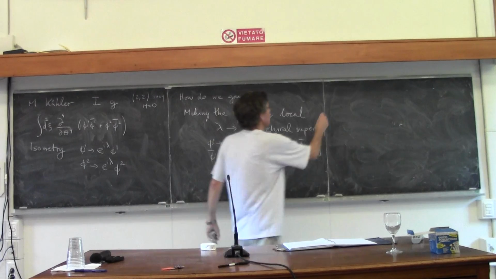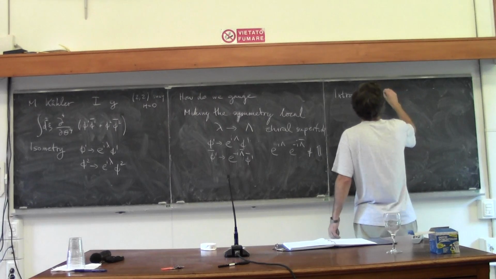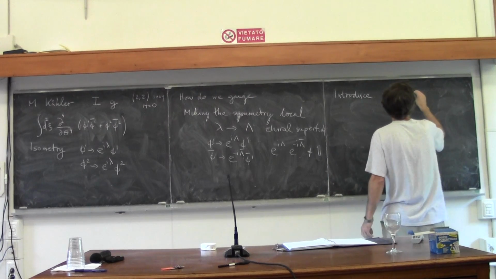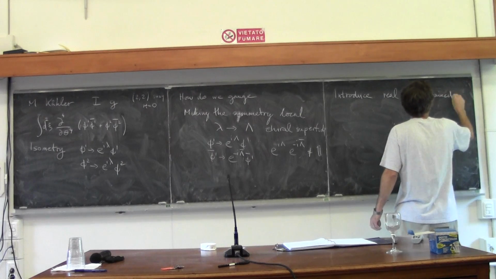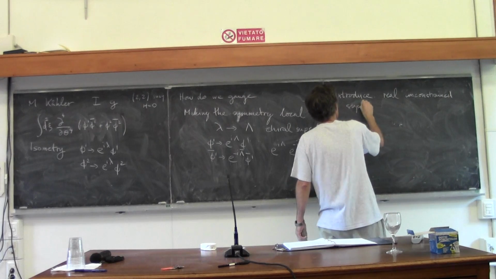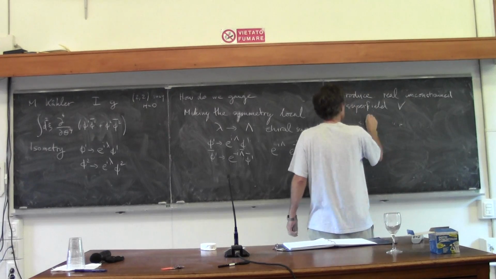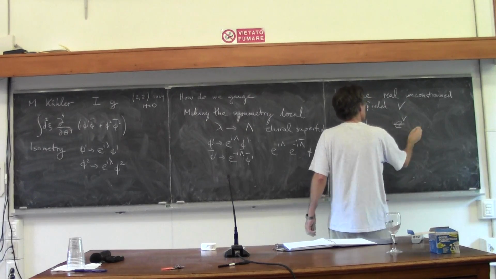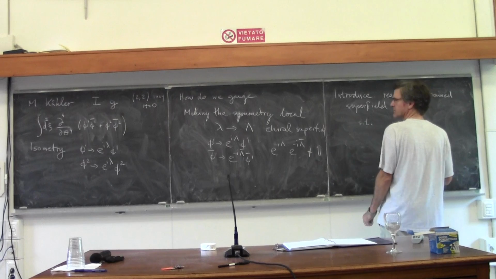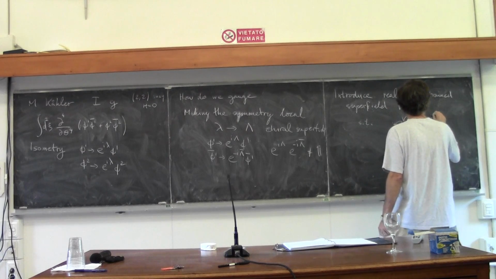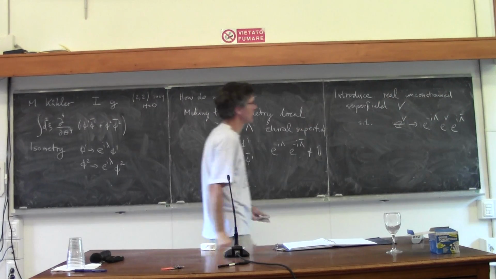We need this to be a symmetry, and then we gauge things. So we introduce a new superfield, a real unconstrained superfield V, such that e to the V transforms into e to the minus i lambda bar, e to the V, e to the i lambda.